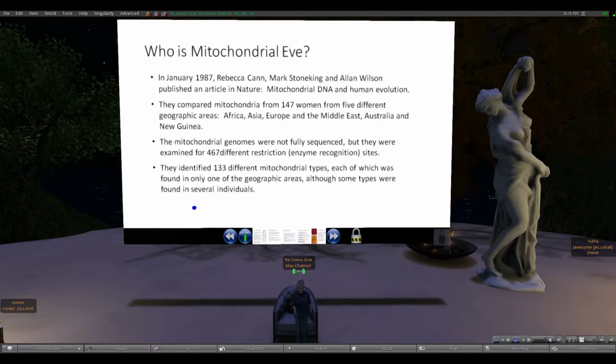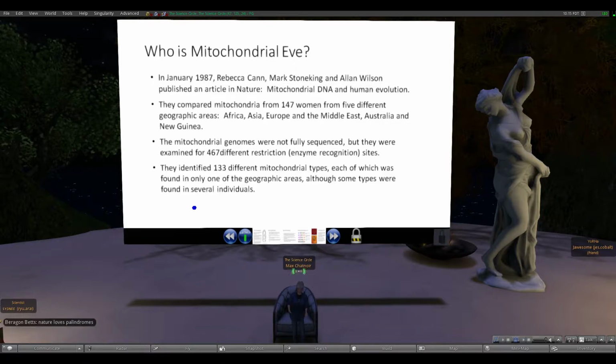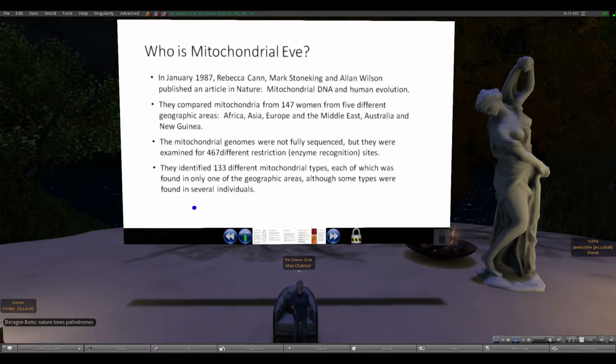And they read the same in both directions, so they're palindromic, like ACCGGT. And because of the base pairing rules, with A matching with T and C matching with G, if one of the two DNA strands reads ACCGGT, then the other strand, reading in the opposite direction, also reads ACCGGT. The restriction site has that peculiarity.